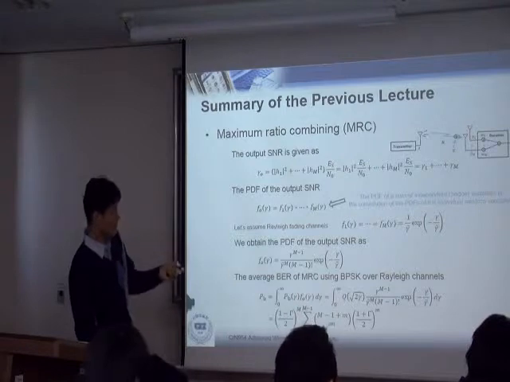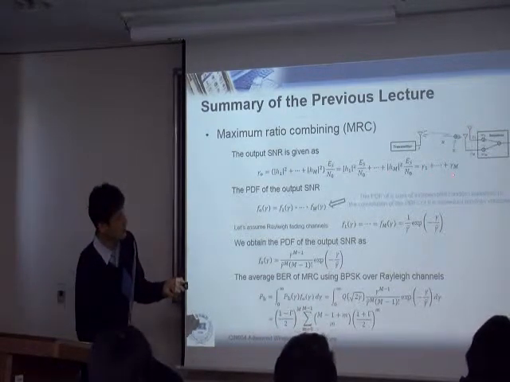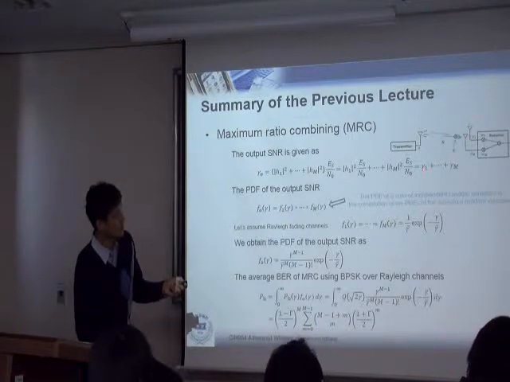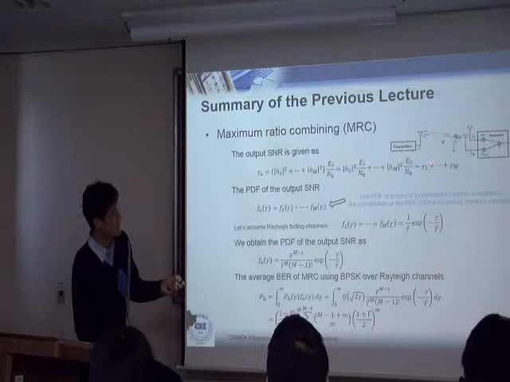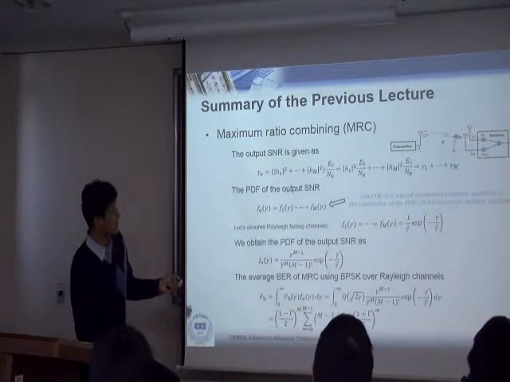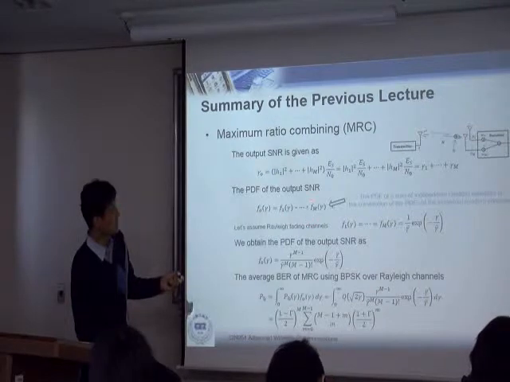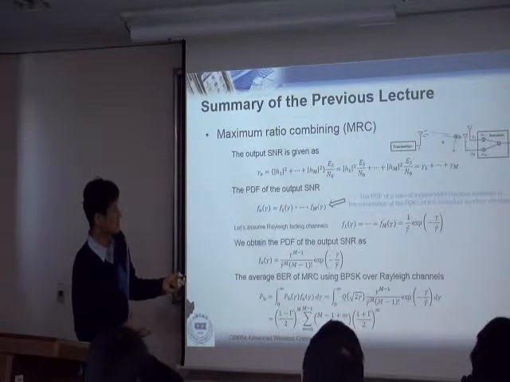Okay? Once you have that, we can consider each of them as a continuous random variable, and the addition of random variables corresponds to the convolution of all the PDFs. Convolution of all the PDFs corresponds to the multiplication of, let's say, the Laplace transform of each of them.